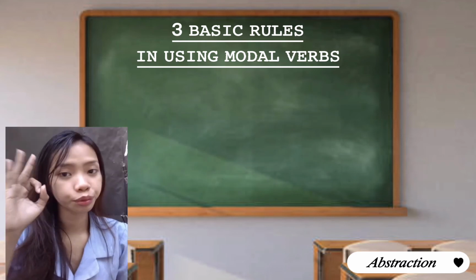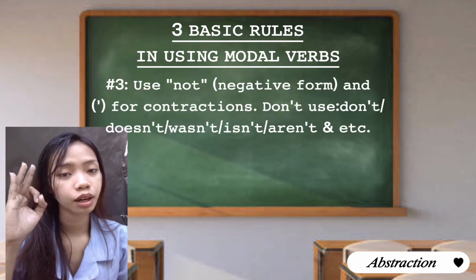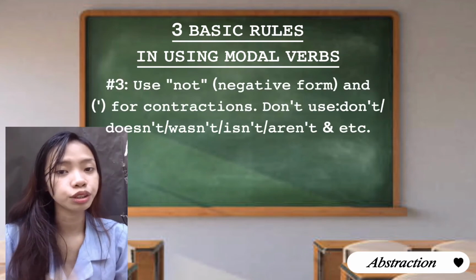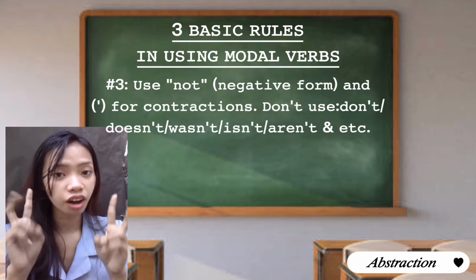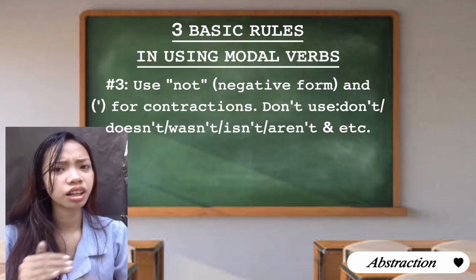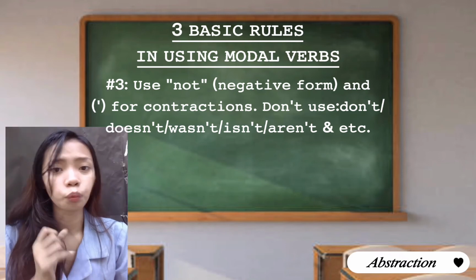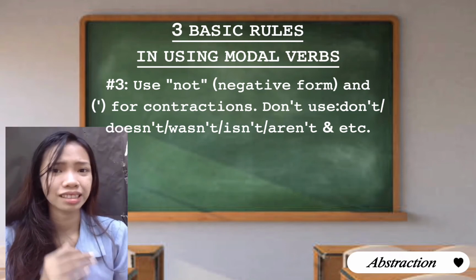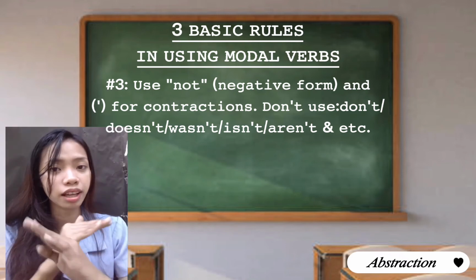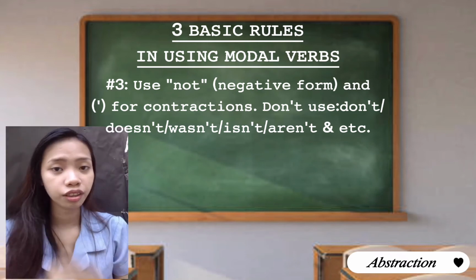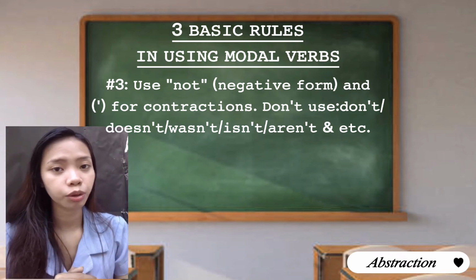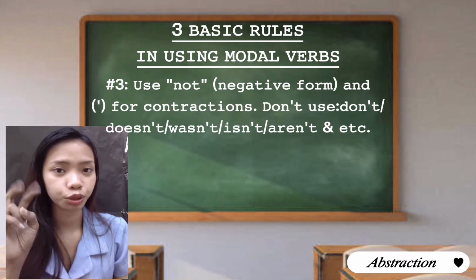The last rule, or the third rule, is when in a negative form, you should use the word not, and you don't need to use don't, doesn't, wasn't, isn't, aren't, because that's all wrong. You could use not in a full negative form or in a contracted form using the stress.